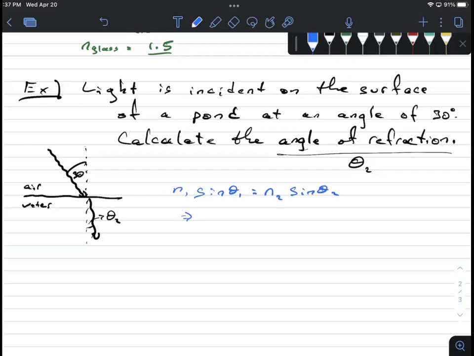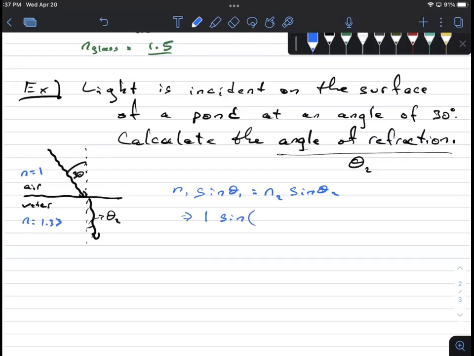So for our particular problem, the setup is we're starting in the air and we're trying to get through water. So the stuff on the one side is air and the stuff on the two side is water. So N1 is 1. That's the index of refraction for air. And N2, the water, is 1.33. So N1, 1, times sine of theta 1.